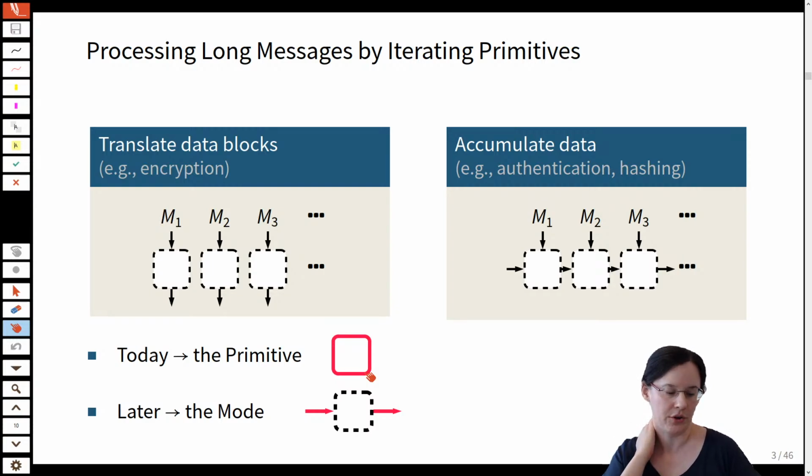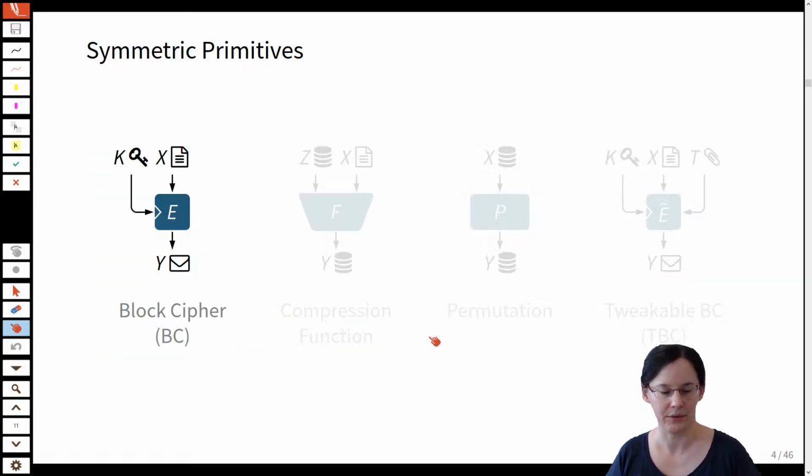Next week, we will talk about some more lightweight primitives and also some alternative primitives like stream ciphers, which don't process data in blocks, but by different means. And the week after that, we take a closer look at cryptanalysis of primitives. So in particular, we will have a look at how differential cryptanalysis works, as well as some other cryptanalysis mechanisms that are relevant for primitives. So that's the plan. Today, some of the most widely used primitives.